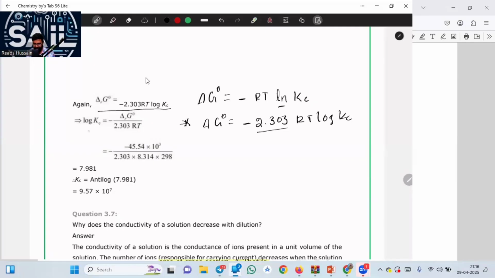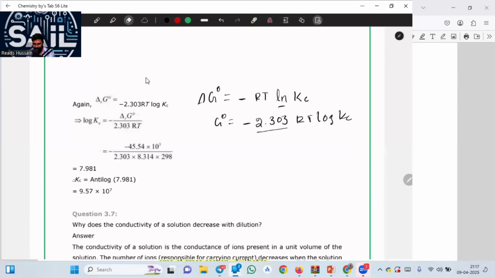What we need to find is log Kc, no? So log Kc is equal to minus delta G naught by 2.303 RT. Do it yourself, at least later.